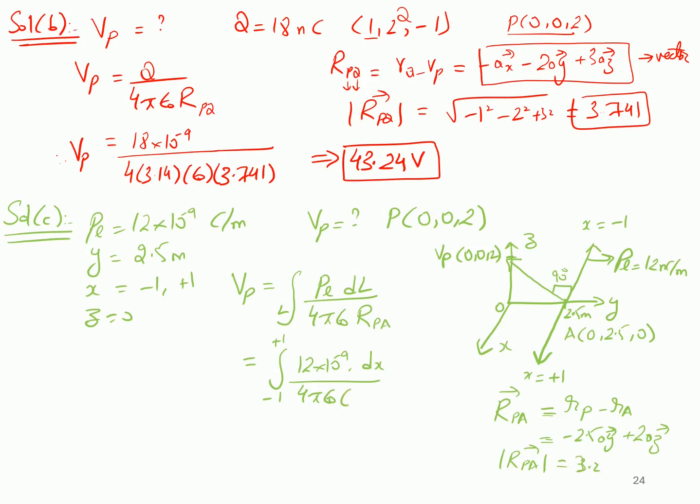If we put 3.2 over here and then do the integration, the integration will be only for dx because all the coefficients will be taken outside, and we'll have just the integral of dx. So this comes out to be 33.69 times the integral of dx. Once you solve this, the answer comes out to be 67.38 volts.